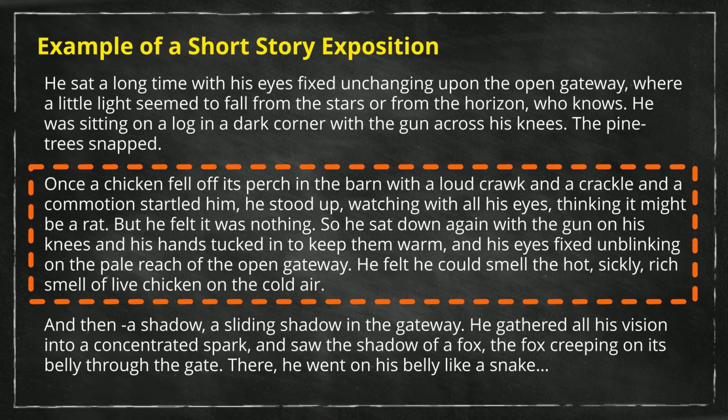He stood up, watching with all his eyes, thinking it might be a rat. But he felt it was nothing, so he sat down again with the gun on his knees and his hands tucked in to keep them warm, and his eyes fixed on the pale reach of the open gateway. He felt he could smell the hot, sickly, rich smell of live chicken on the cool air.